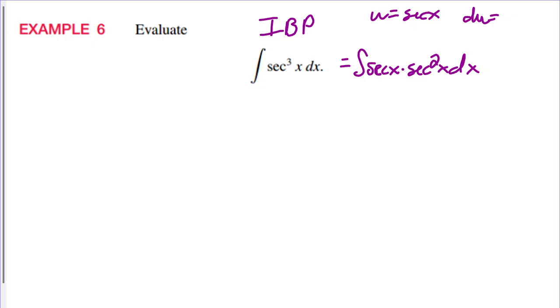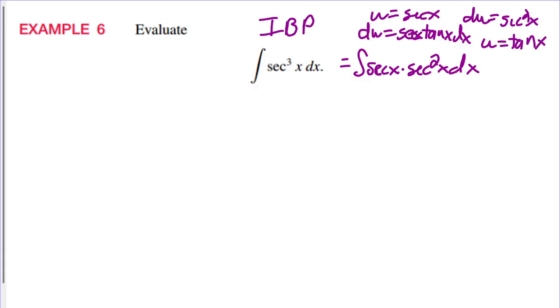So dv is equal to secant squared of x. Therefore, du, the derivative of secant, is secant tangent, or tangent secant, whichever way you want to write that one. So secant of x times tangent of x dx.